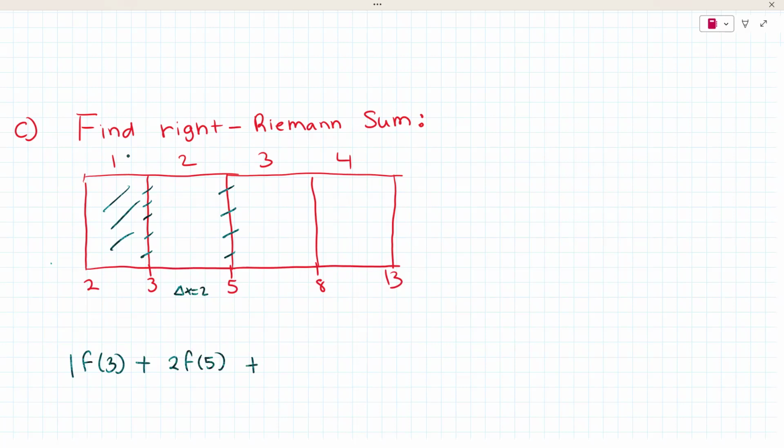Plus rectangle 3, the distance from 5 to 8 is 3, and then f of 8. Plus the distance from 8 to 13 is 5, and then you find f of 13.